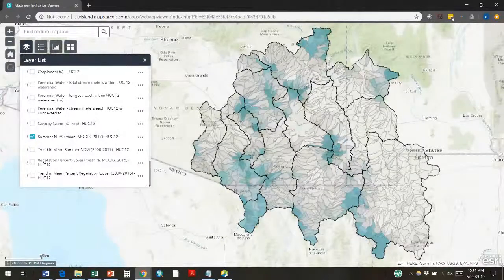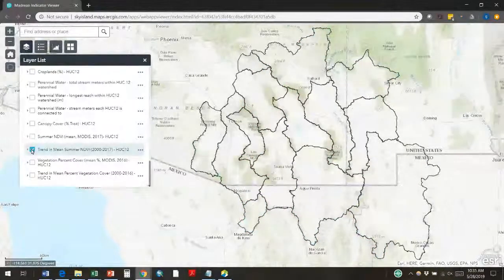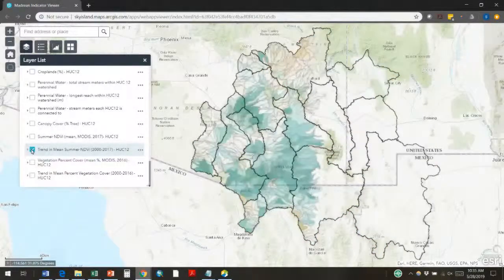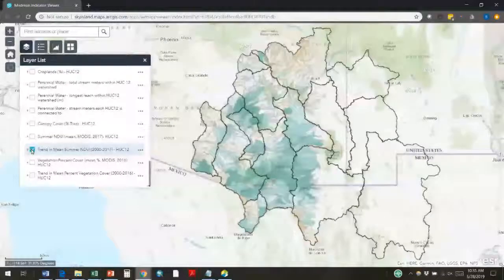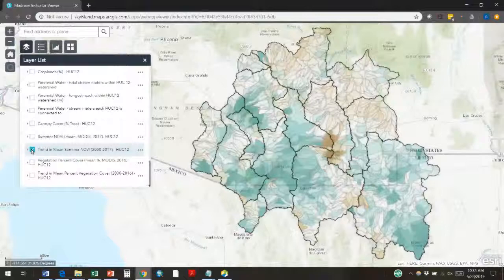And then we also did the trend, so you can see which areas are getting greener in summers and which areas are getting less green. These browner areas are getting less NDVI in the summer, and the greener areas are getting more every summer on average in this 2000 to 2017 time frame.